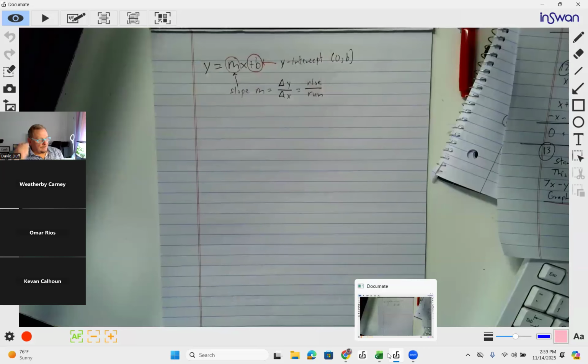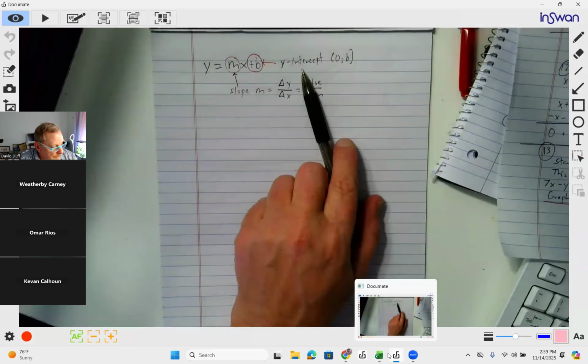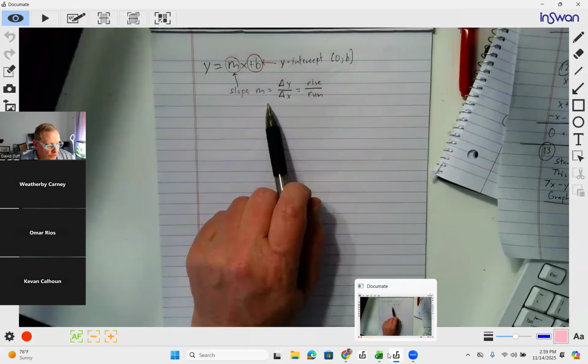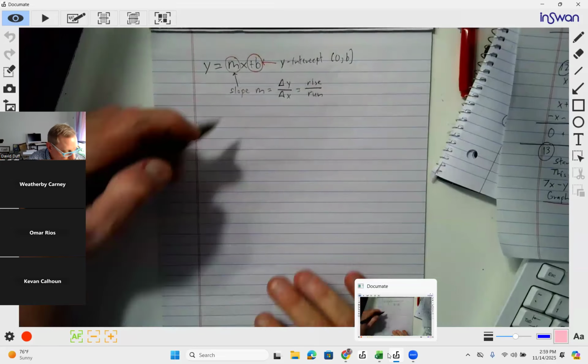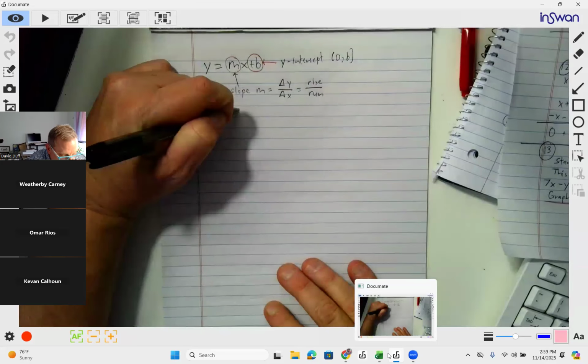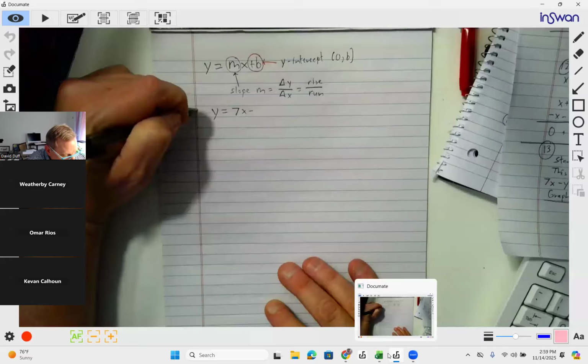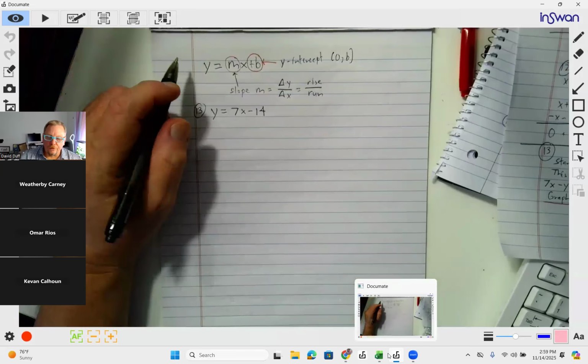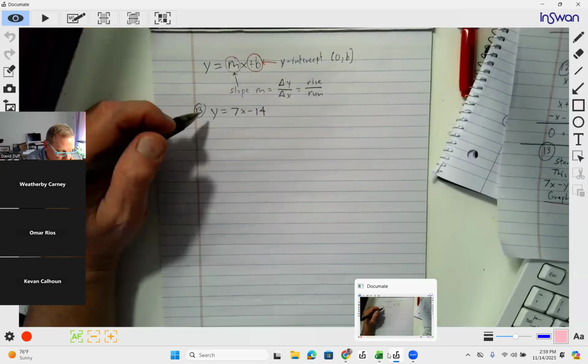It's how you find a y-intercept is by setting x equal to 0. So when we have something in slope-intercept form, we know what the slope is and what the intercept is. And we can use the slope and the intercept to graph.